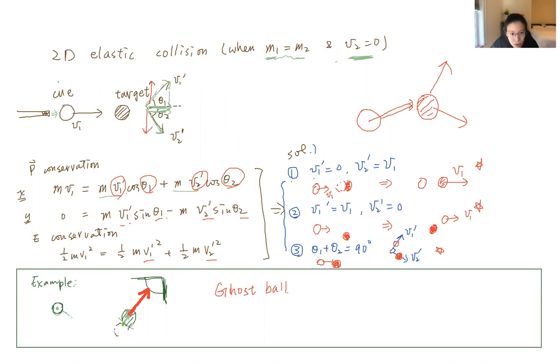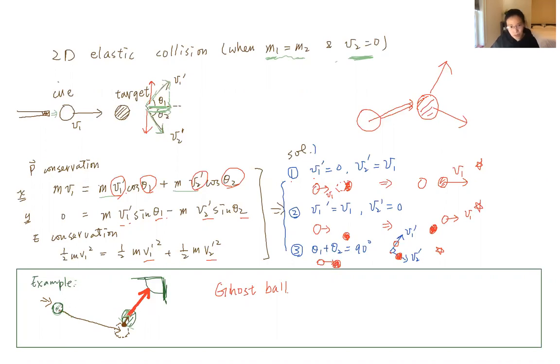Usually what people do is put another ball on the table to help them imagine. So as long as you hit your cue ball in this direction, your cue ball will be in contact with your target ball right at this contact point. And thus the momentum will be transferred into the target ball through this contact point in this direction. What you should do is aim like half a ball behind the target ball.